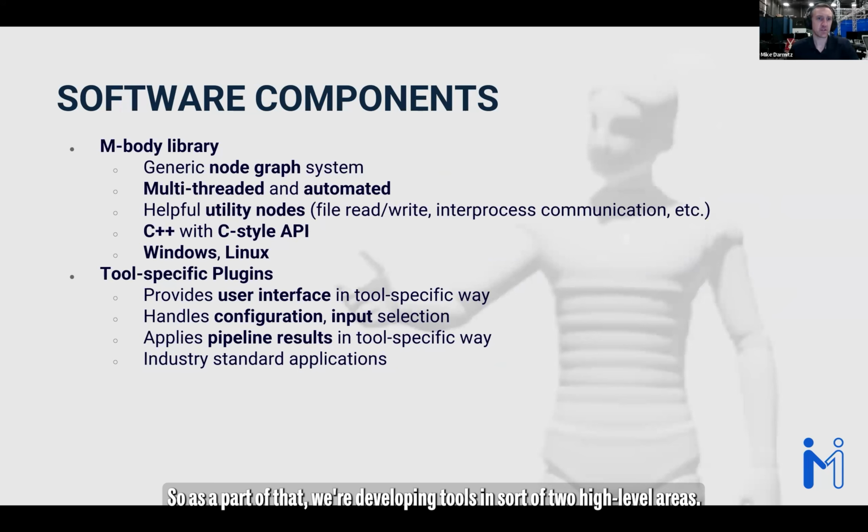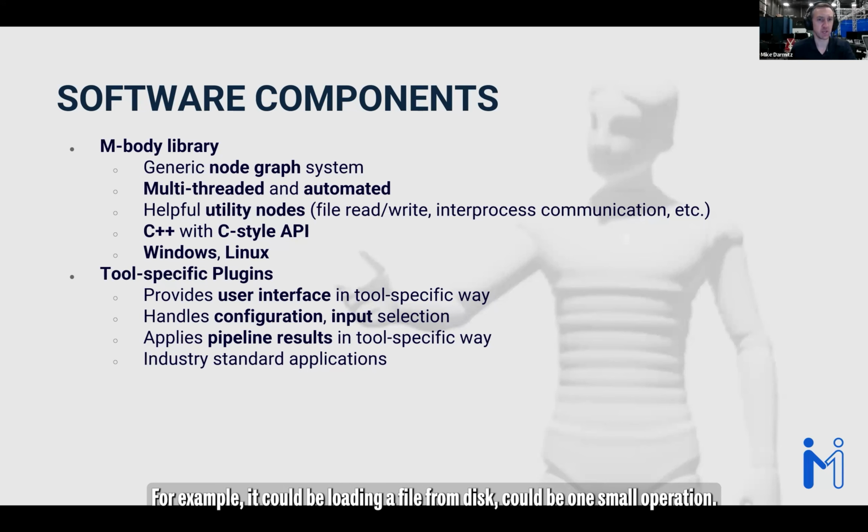So as a part of that, we're developing tools in sort of two high-level areas. So firstly, we have our M-Body library. So this implements a generic node and graph structure system. So where we have nodes that execute small pieces of specific functionality.